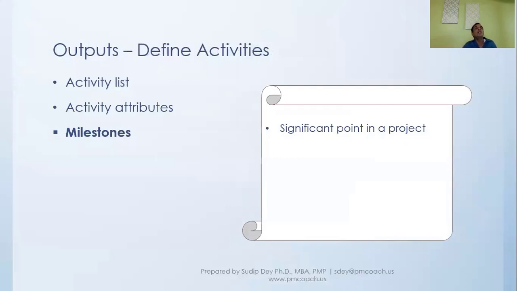For example, there might be a milestone at completion of each phase of the project, and when we finish a phase, let's say the requirement phase, there will be a review process. And sometimes at the completion of each phase, the fund for the next phase will come in. So there might be some external action that will be taken at each milestone.